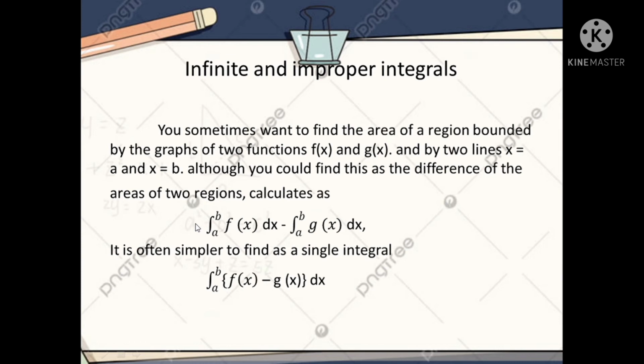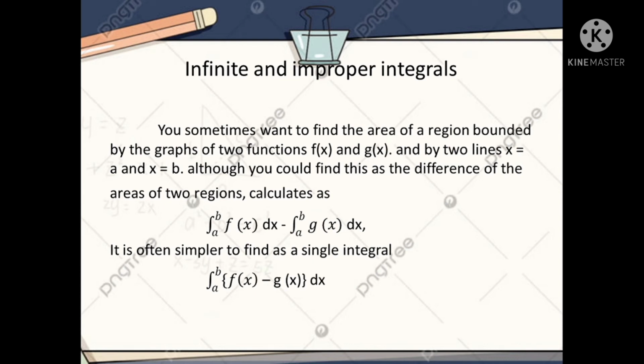Infinite and improper integrals. You sometimes want to find the area of a region bounded by the graphs of two functions f(x) and g(x) and by two lines x equals a and x equals b.